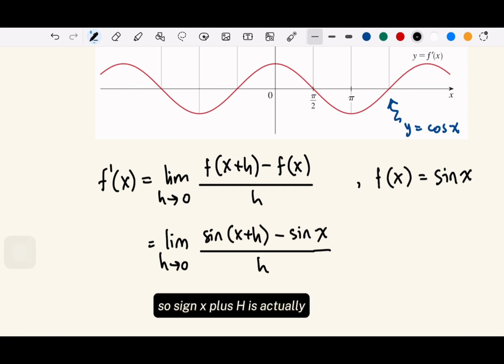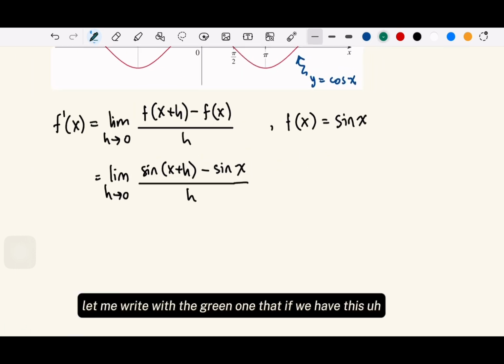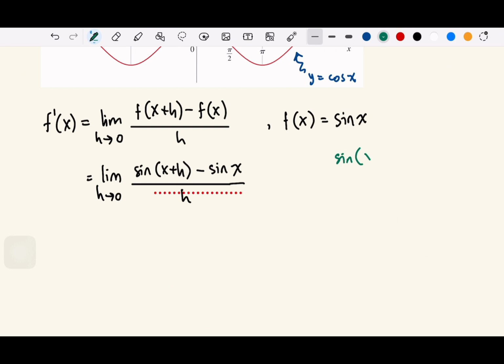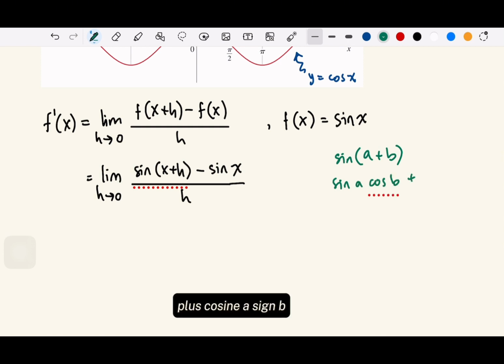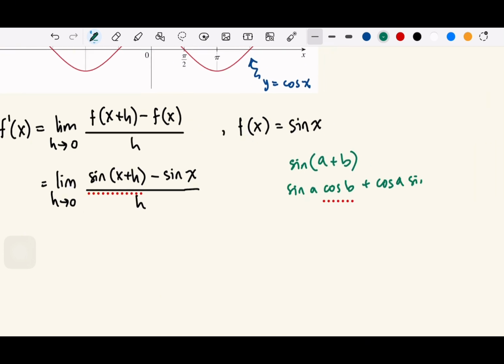Okay? So sine x plus h is actually, let me write with the green one, if we have a plus b, this is sine a cosine b plus cosine a sine b. Okay.